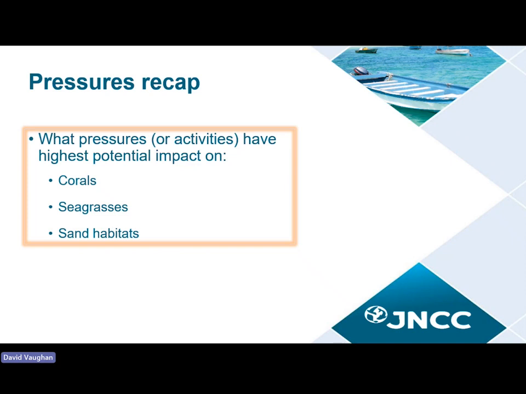I think there was a sense initially that the sand habitats are not as biologically rich. They're important because they support fisheries, but it sounds like they have areas of vulnerability that wouldn't necessarily come up just by looking at the ones that are applicable to seagrass and corals.